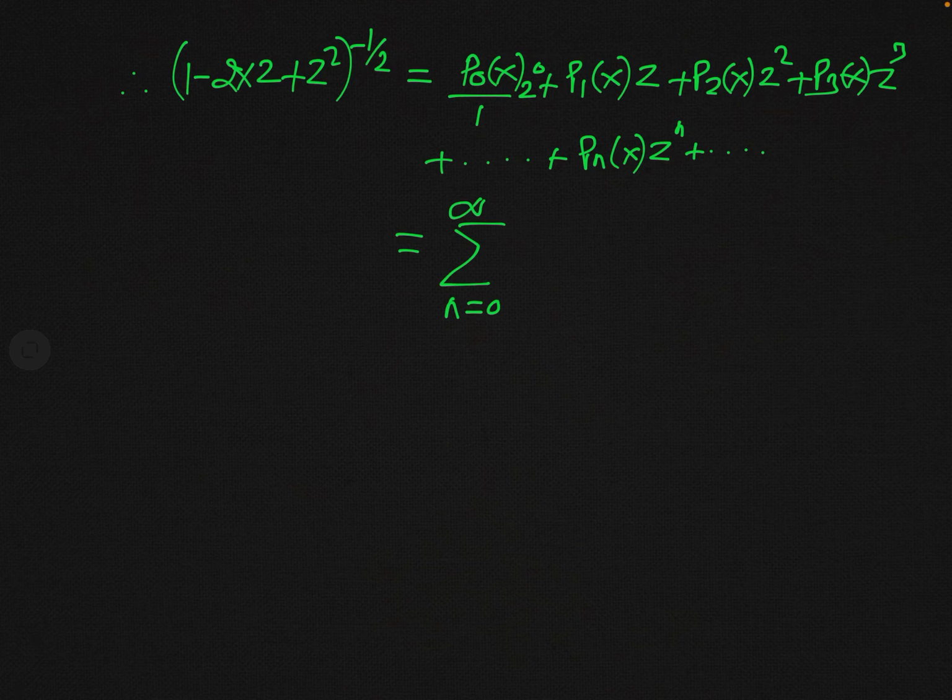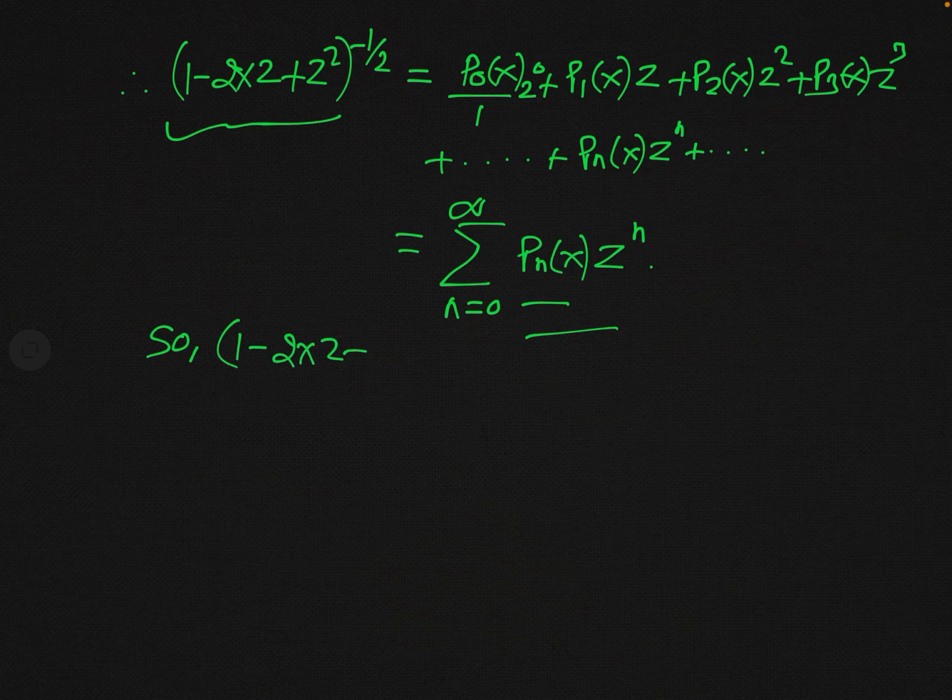In compact form, this is the summation n equals 0 to infinity of Pn of x into z to the power n. So we can treat this function 1 minus 2xz plus z square whole to the power minus half as a generating function of Pn of x.